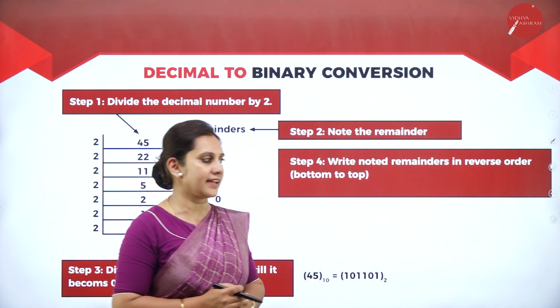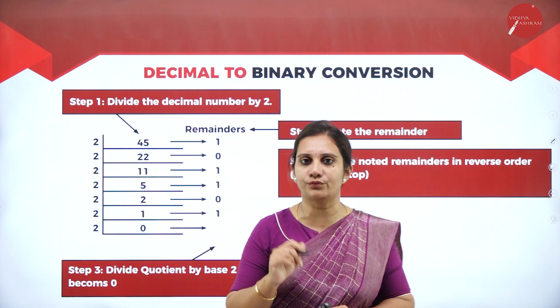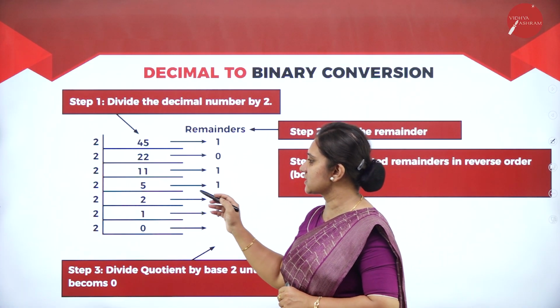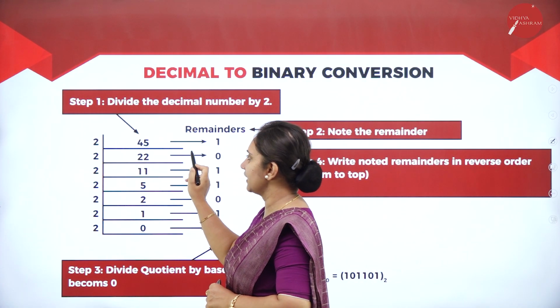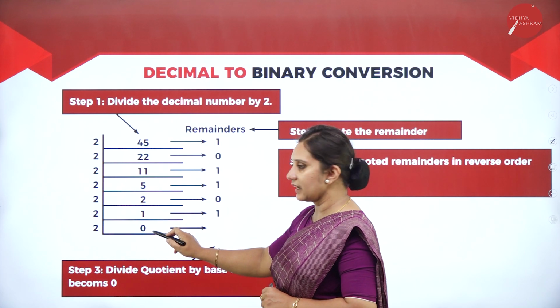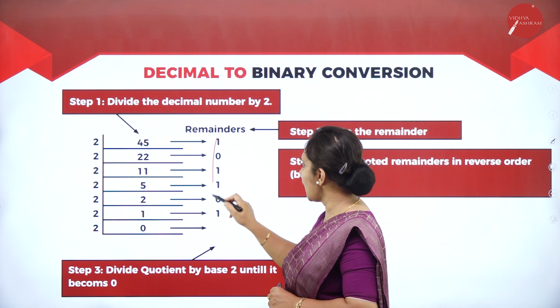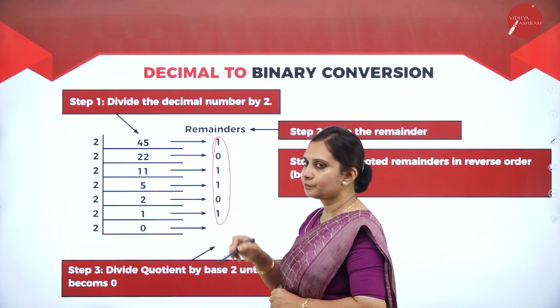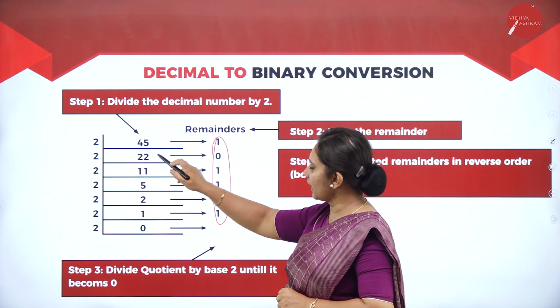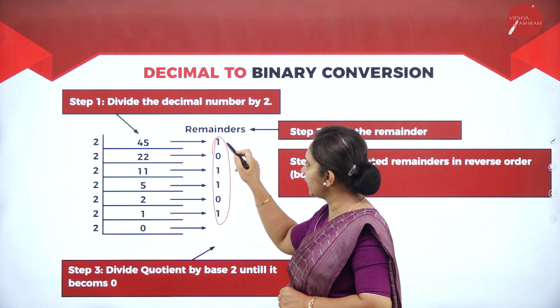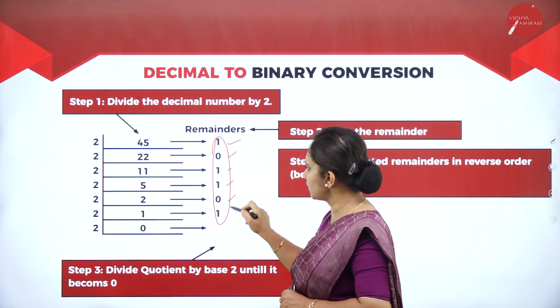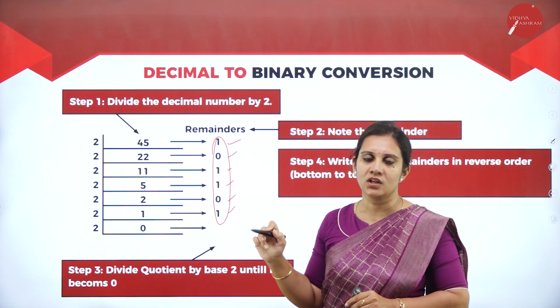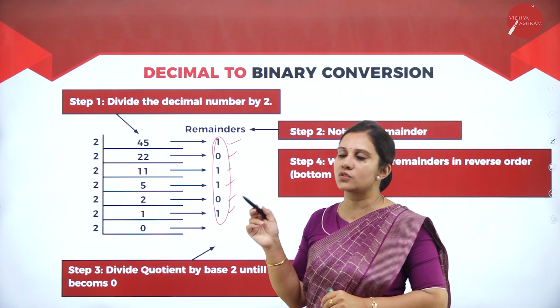Let us see one example. Here I have taken 45 as the decimal number. I keep on dividing 45 until I get 0, and these are the remainders I get. If you observe, I get only a combination of zeros and ones.